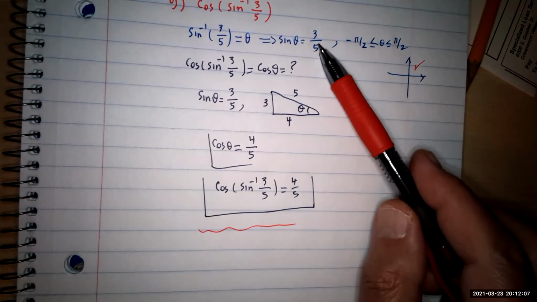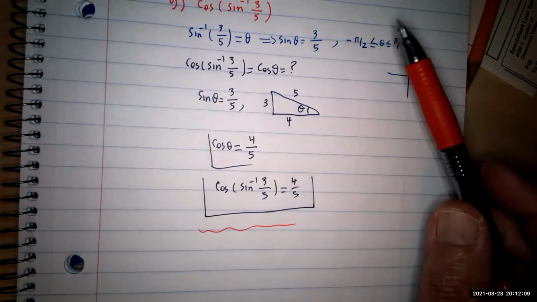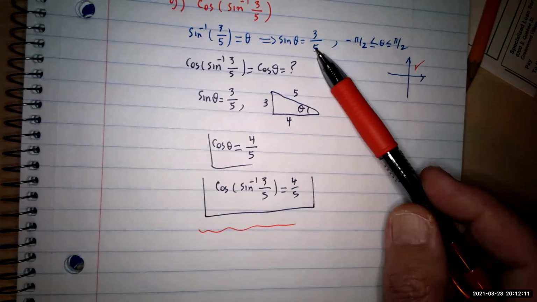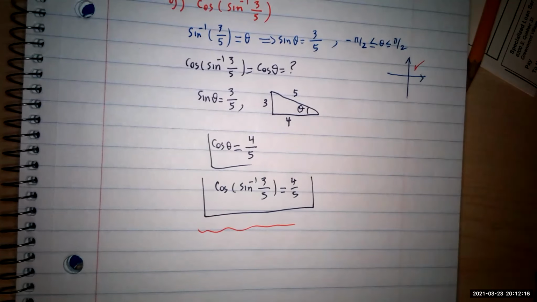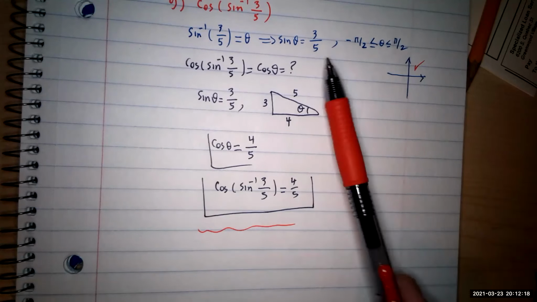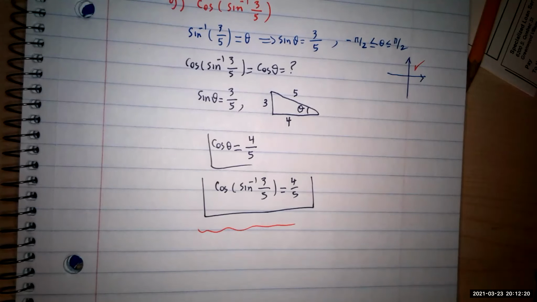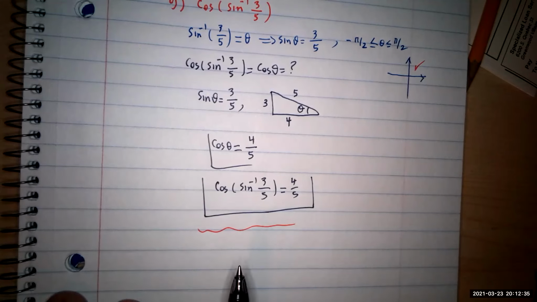If you can find these numbers in your unit circle, like 1/2, radical 3/2, radical 2/2, they are well known. But when the number is not in your unit circle chart, this is where you have to use the right triangle. This is how we divide it in two parts. Any question?